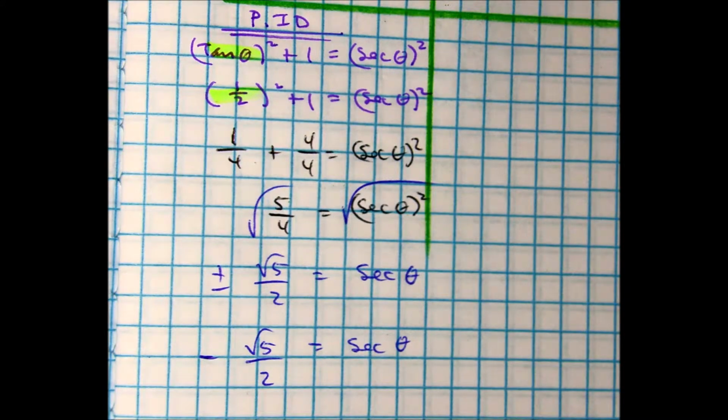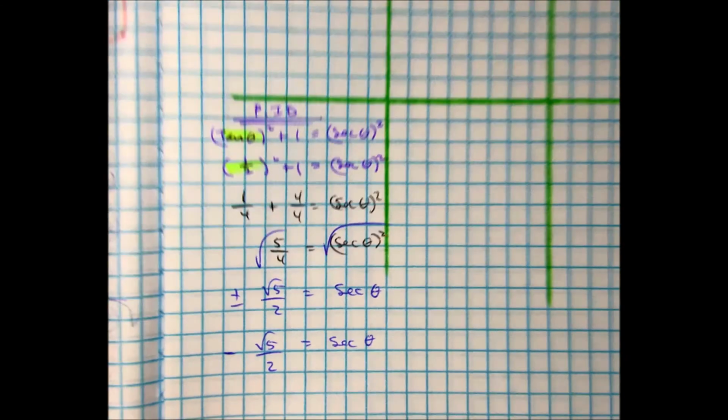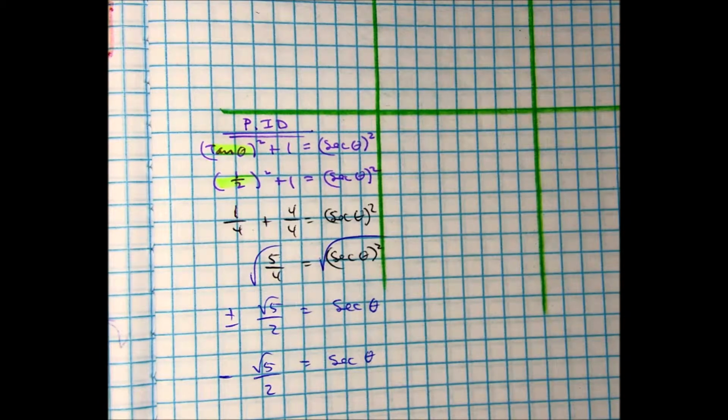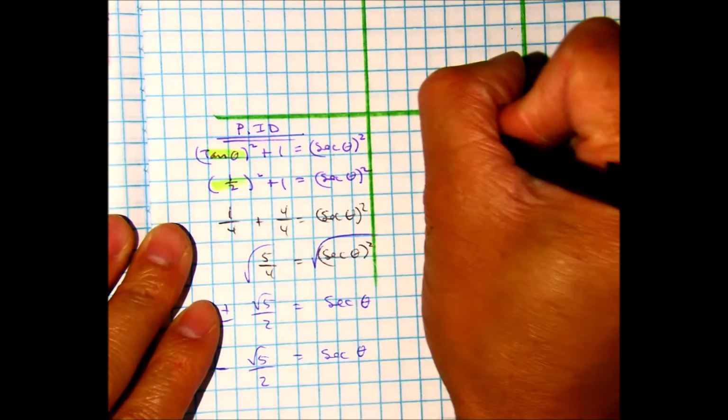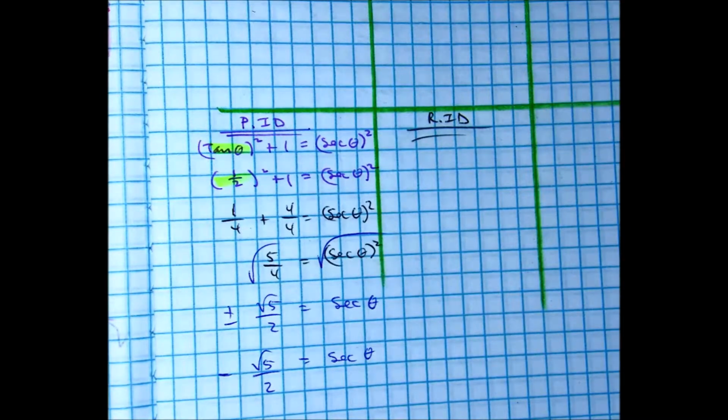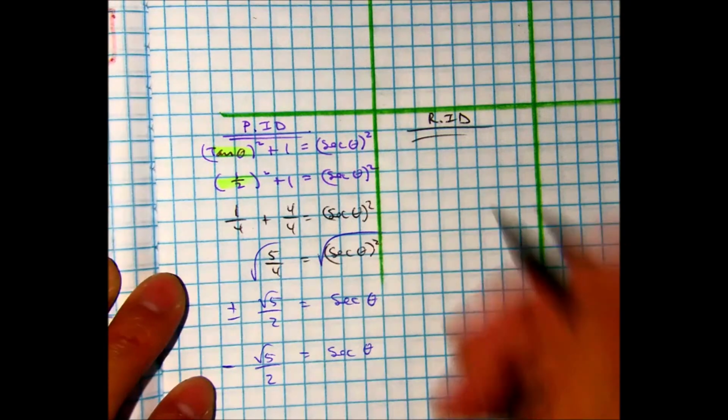Okay. How can I use secant now? We can use a reciprocal identity. Some students don't know which one to start with. Do I start with secant or do I start with cosine? Well, what are we trying to find? Cosine.